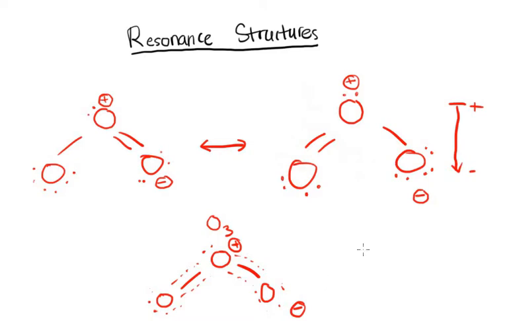If we're just thinking about ozone in the atmosphere, it's going to be this resonance hybrid, so it won't actually have a double bond or a single bond. It's actually between 1 and 2, so around 1.5.